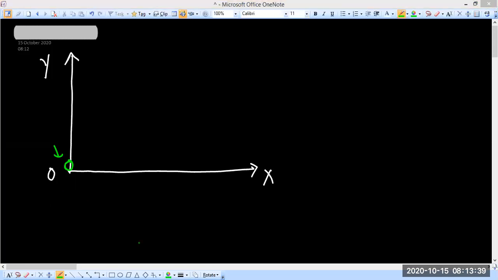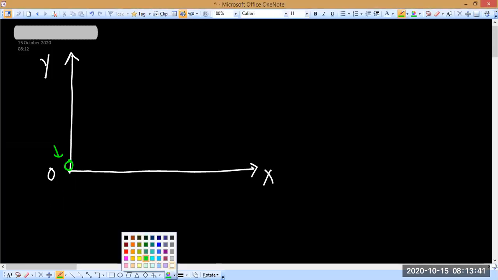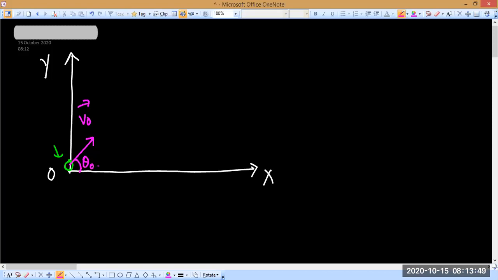So if you are going to launch or throw it from here, like I said, it's going to have an initial velocity v0 vector, which is at an initial angle theta 0, right? I hope that makes it clear. So it's like you throw a stone maybe at 30 degrees, at 45 degrees, or maybe at 90 degrees, like that.